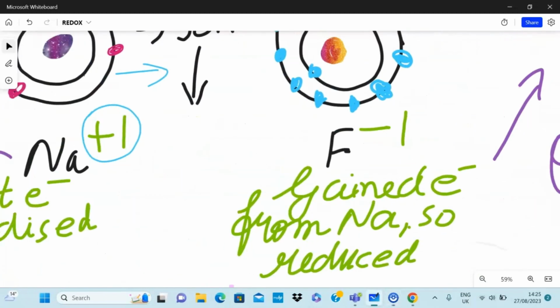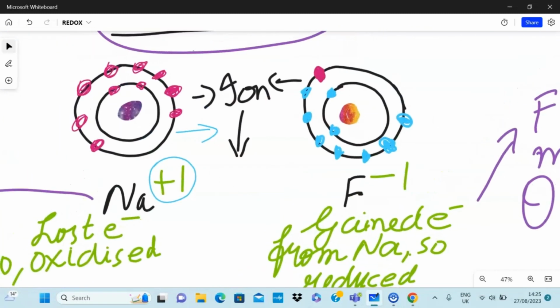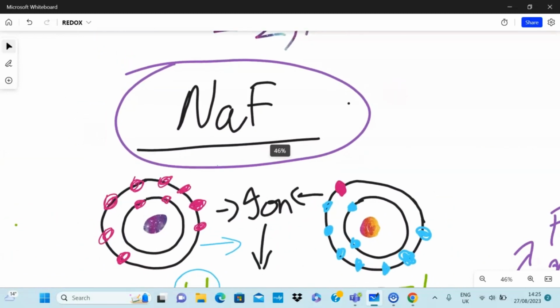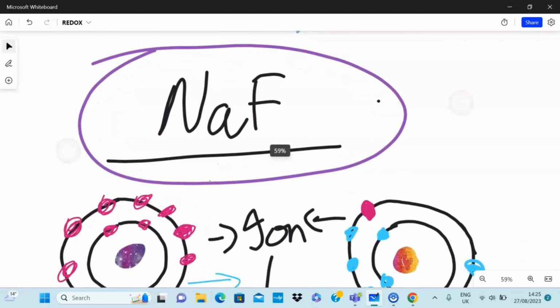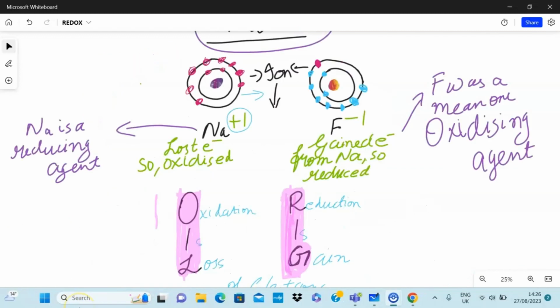Now anyway, after all their fights and compromises, Na and F have become friends, I suppose, and their camaraderie is known as NaF, sodium fluoride. Please don't get confused between the oxidation and reduction states and agents.